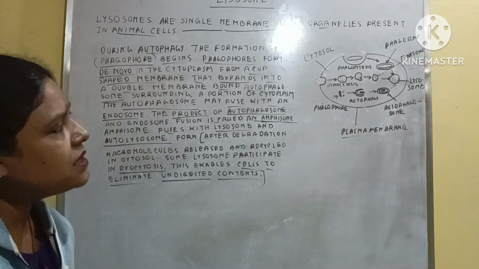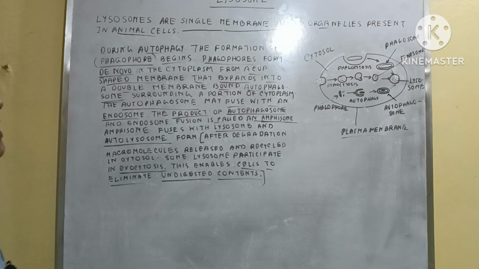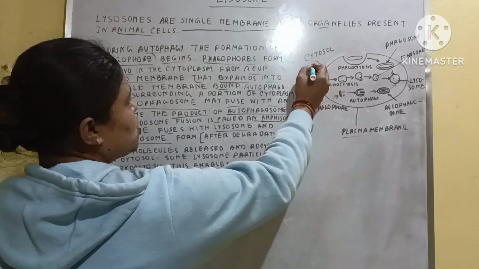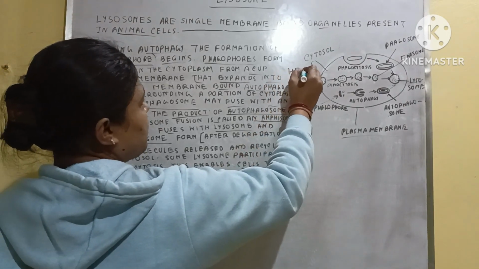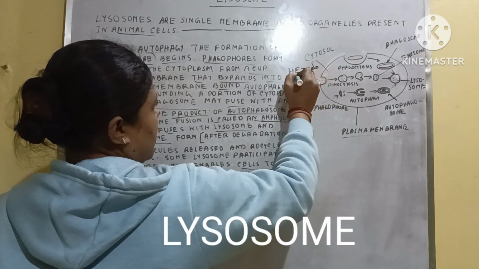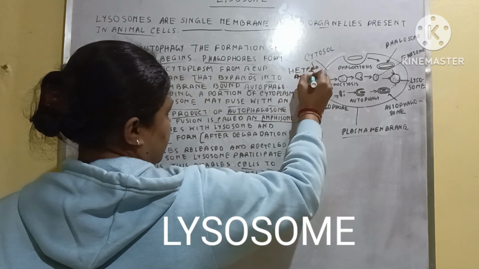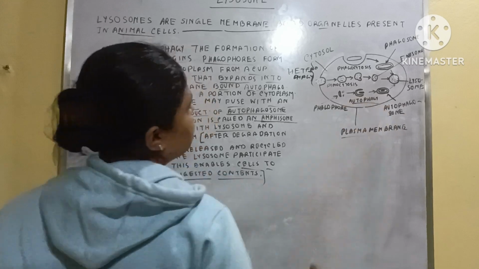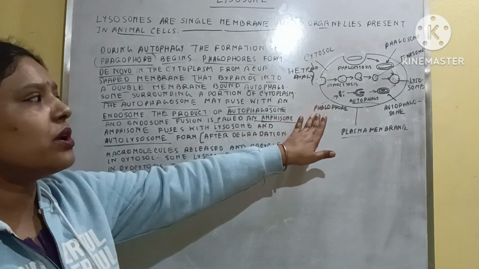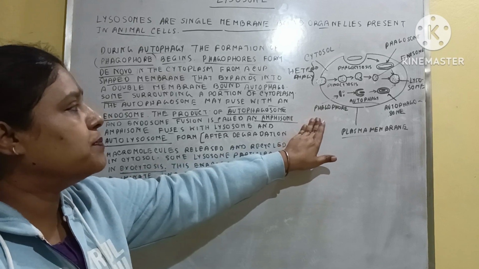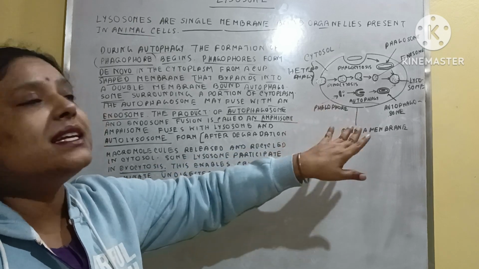So there are two pathways: one is heterophagy, and this is autophagy. The two pathways I have drawn here in a rough sketch.